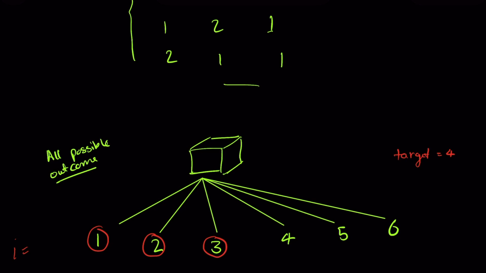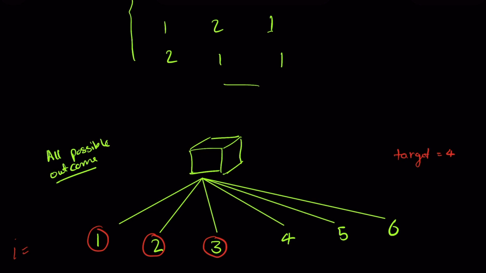Then after rolling the die, let's say we get number 3, then our target is reduced by 3, so the new target will be target minus 3, and the number of dice has also reduced. Now we have a subproblem in which the number of dice is reduced by 1, and the target has also reduced depending upon the outcome of the first die.